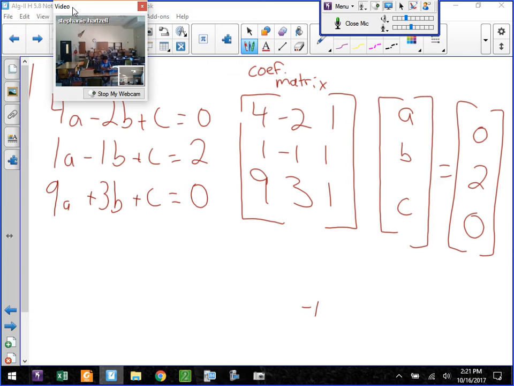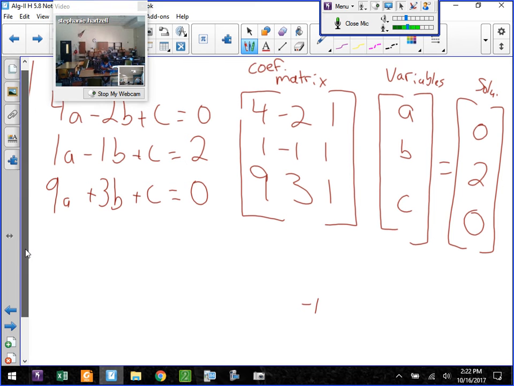Now, that coefficient matrix is being multiplied to a variable matrix. These are my variables. These are my solutions. So how do you undo multiplying again? Division, but in this case, we're going to use what's called the inverse operation. We're going to use the inverse button.